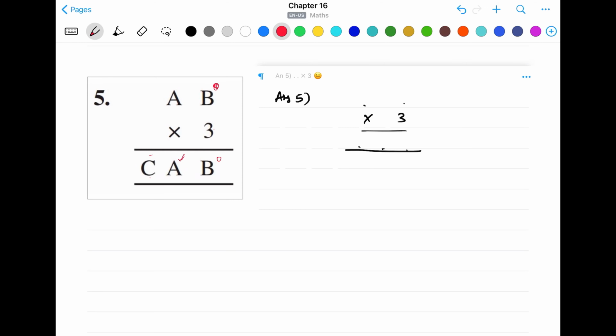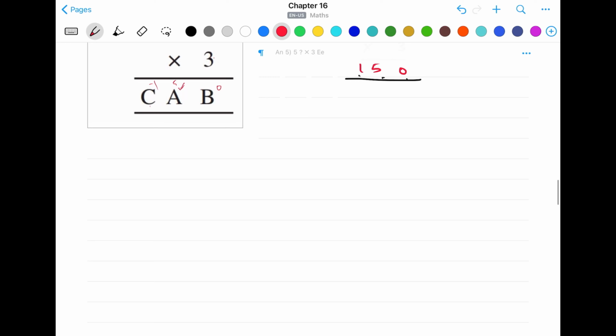So let's take that number to be 5. Now this 3 into 5 will give us 15. Now this is satisfying our value. That means at the place of A we have 5, at the place of B we have 0, then this 3 into 0 will result as 0, then this 3 into 5 will result as 15. So the result is 50 into 3 is 150.